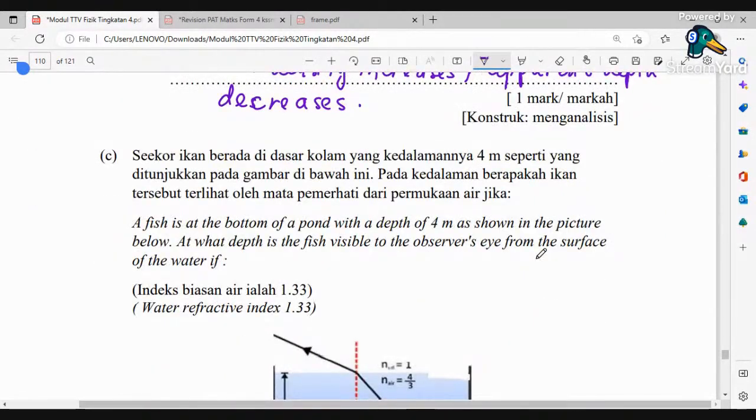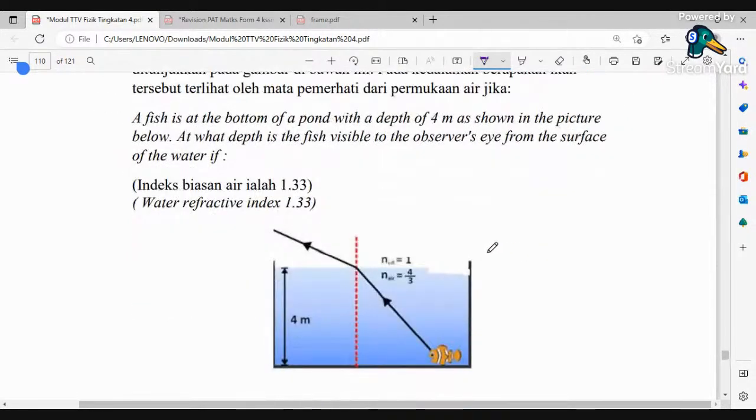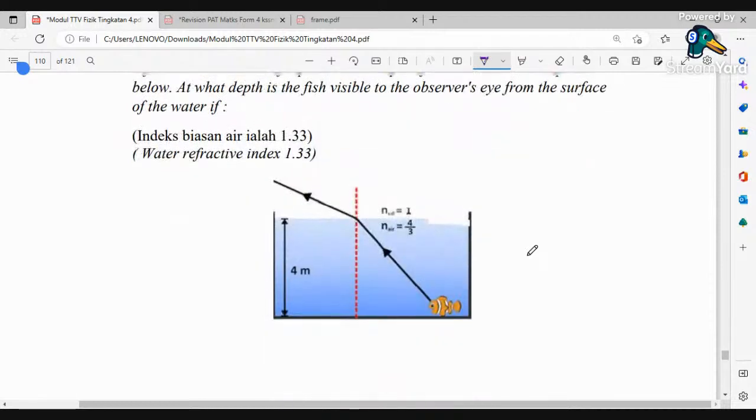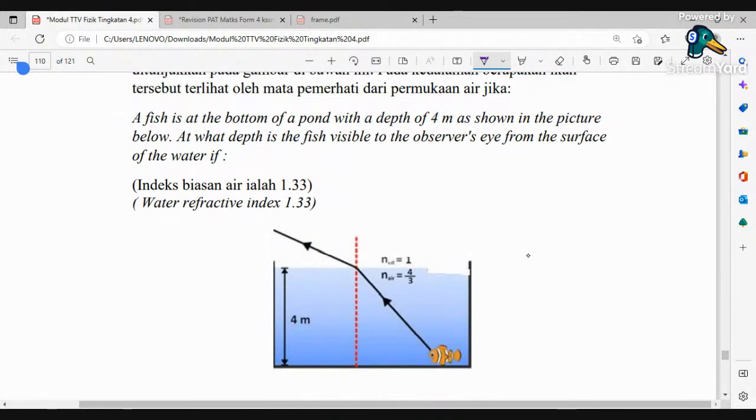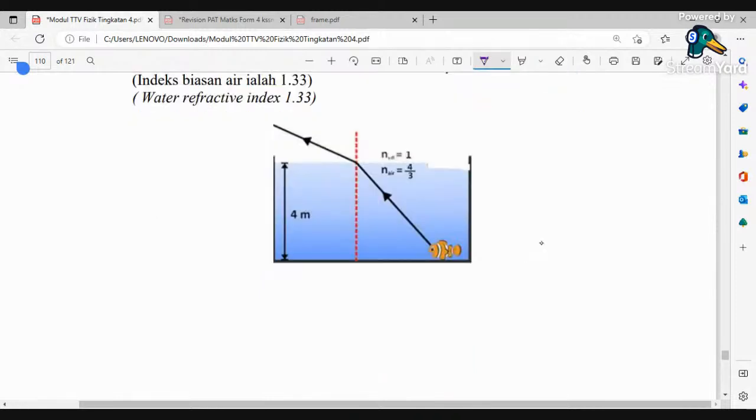Part C, a fish is at the bottom of the pond, depth 4 meter. Okay, at what depth fish appear visible? Means nak cari apparent depth. So kita ada N equals to 1, meaning ialah air to water.